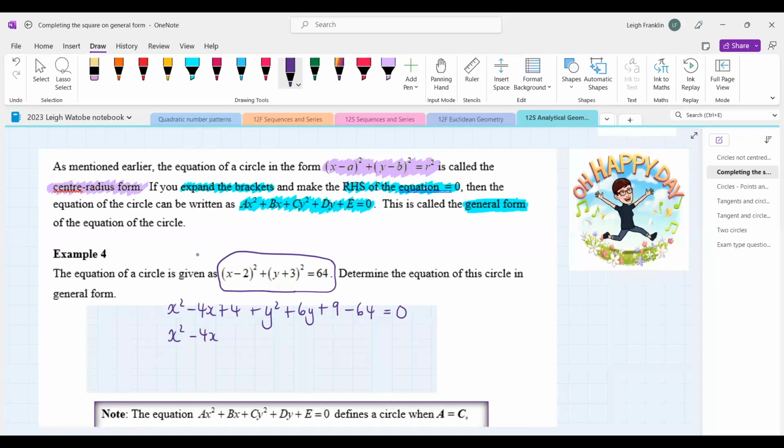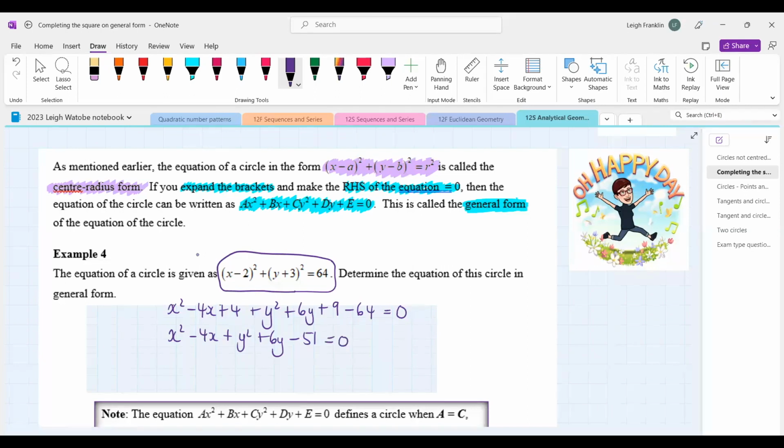As with the x term, I'm going to bring the y squared term down, then I'm going to bring the plus 6y term down. And now what I want to do is say 4 plus 9 minus 64. And when I do that, I'm going to end up with negative 51 as my answer.